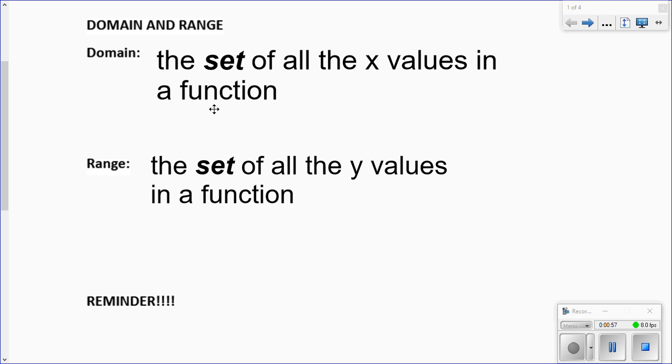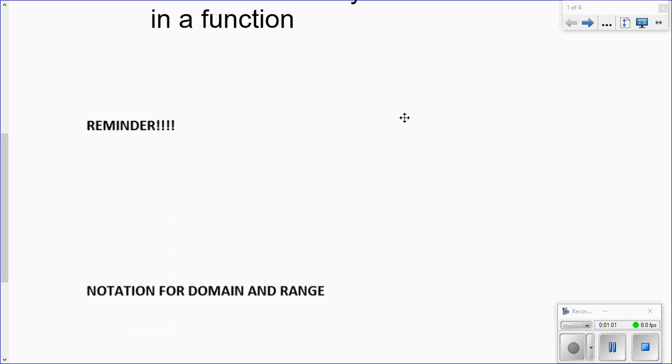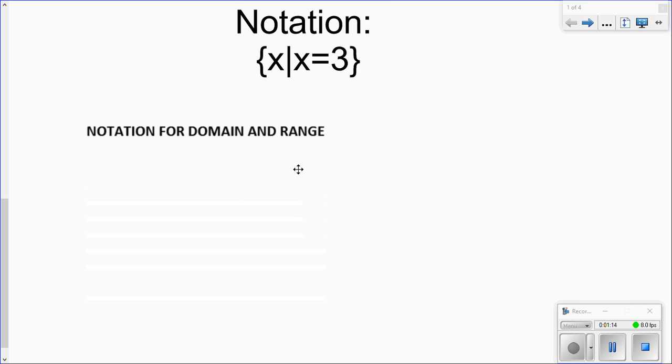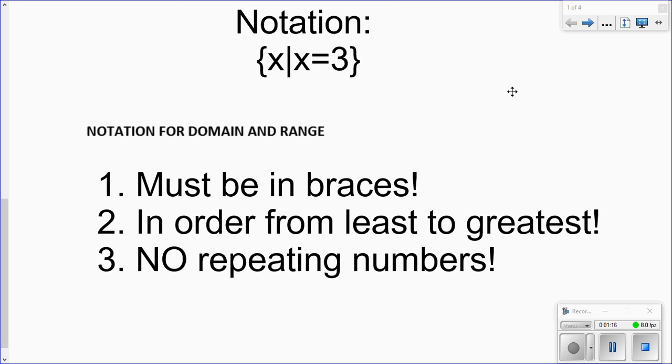So you're going to be using braces for domain and range no matter what. Now, just as a reminder, set builder notation looks like this. Remember, it's just the variable, the line, what the x is equal to or what the y is equal to, and then your braces around it.